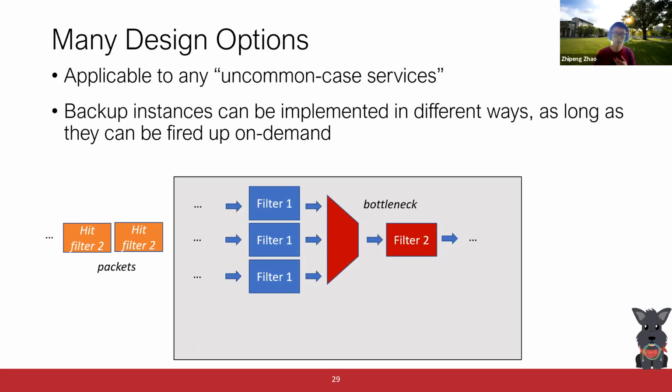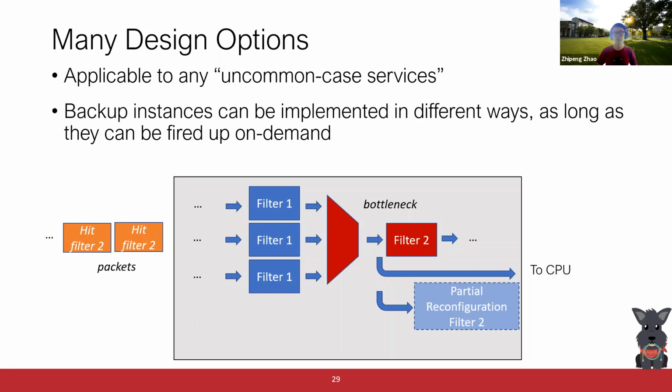For instance, if filter 2 becomes a bottleneck, we can route the spillover traffic to the CPU, and we can temporarily bring up a partial reconfiguration instance on the FPGA. We can even route the traffic to another FPGA, which can be dynamically brought up and loaded.